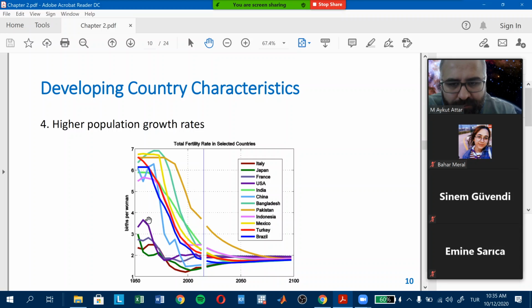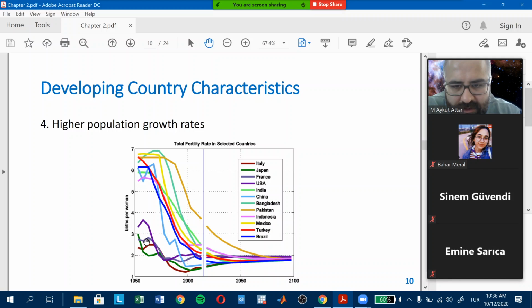So in the 1950s, they already have relatively lower fertility levels, but other countries, including India, China, Bangladesh, Pakistan, Indonesia, Mexico, Turkey, and Brazil, have much higher fertility in the 1950s, between 5.5 and 7 kids.